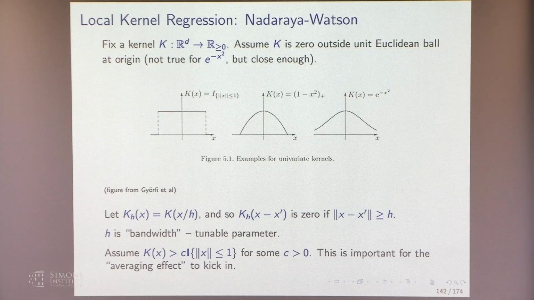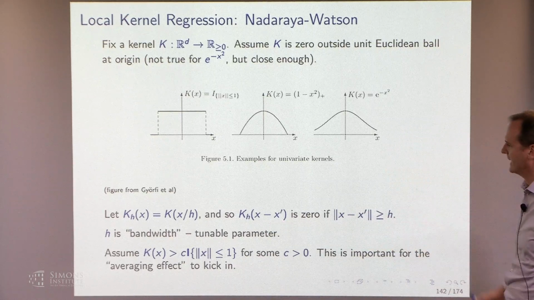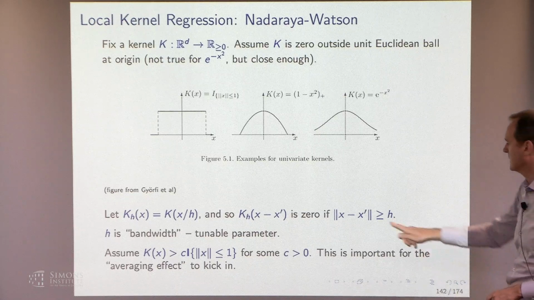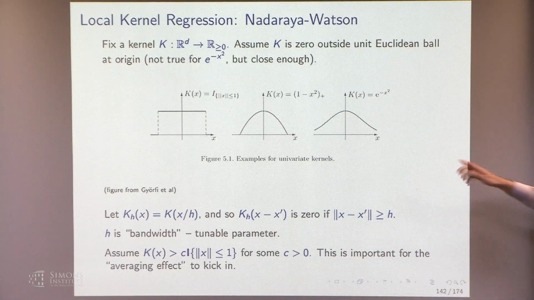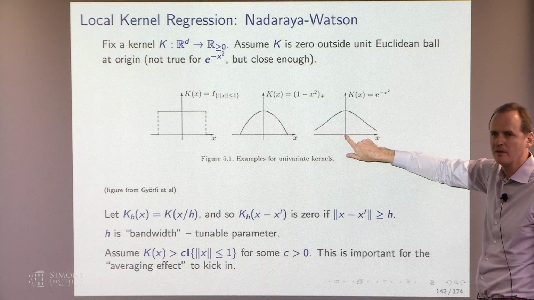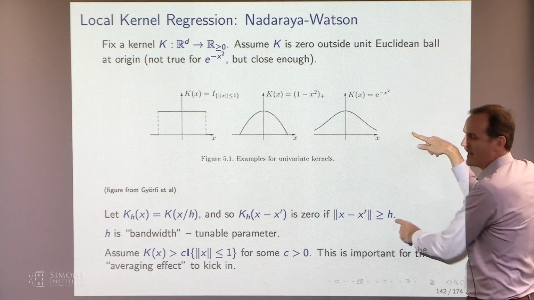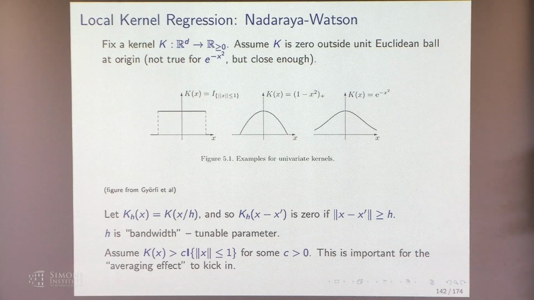If h is very large, we have a very smooth k sub h, and if it's small, we have a very, very tightly concentrated thing. Okay, and so this thing is 0 outside h, right? The way things are going to work is we're going to use this as a weighting function about every point we saw in the sample. And so if we're further than h from that point, it's going to have no impact at all. Okay, and actually the other assumption we're going to make is just that these k's are also bounded from below.